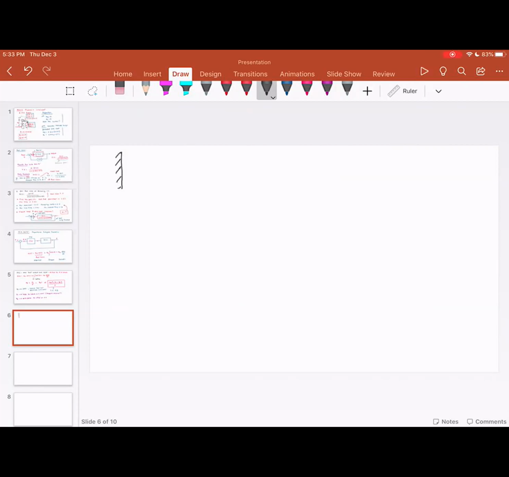So consider that I have a spring mass damper system. This is the mass, this is the damping, this is the stiffness. M is mass, B damping, and K stiffness.